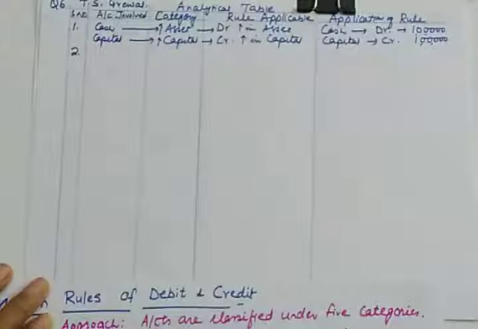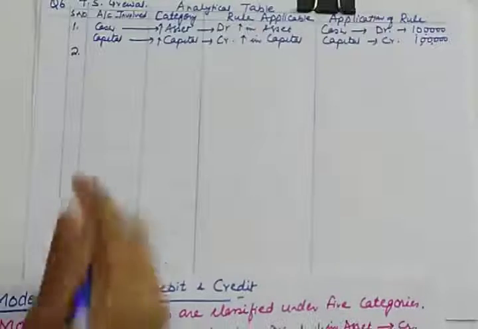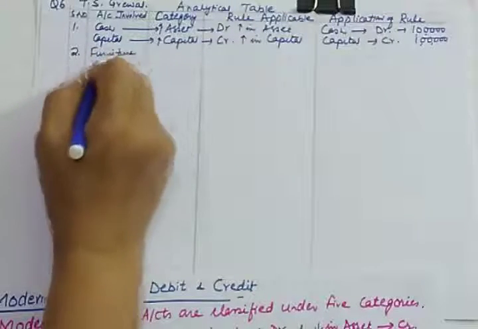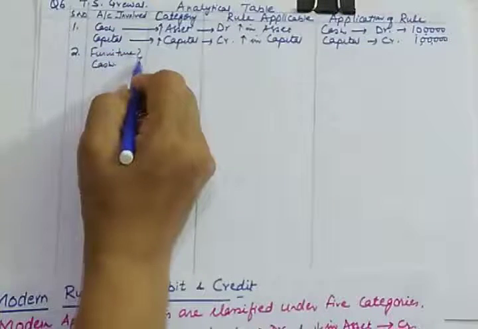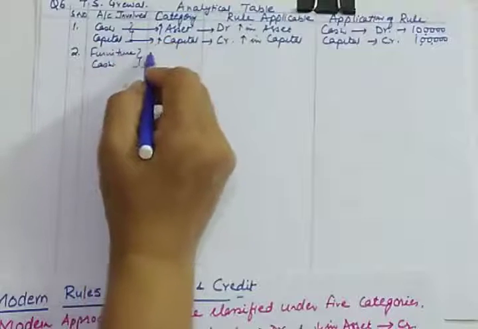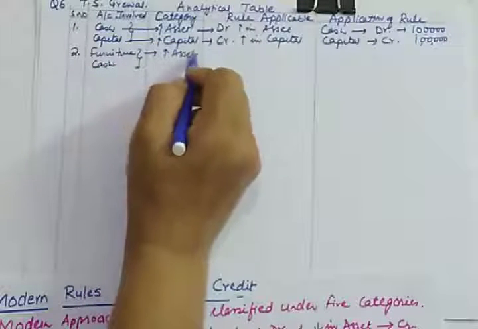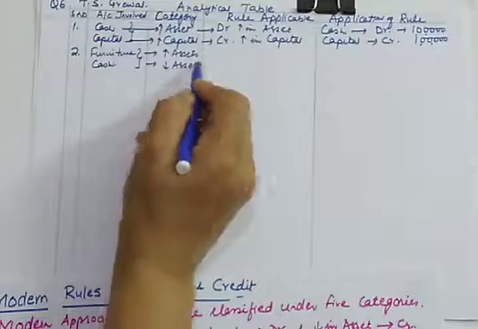So next is he purchased furniture for the business. So when he purchased furniture for the business, then furniture and cash. These are the two accounts involved in this particular transaction. Furniture is your asset, and asset is increasing, and cash is also your asset, but here asset is decreasing.